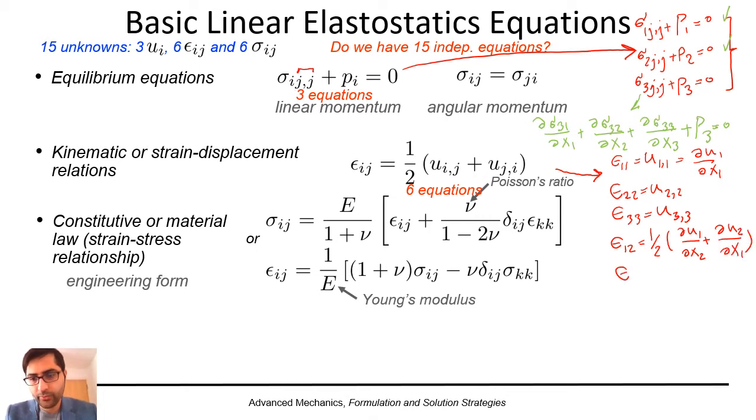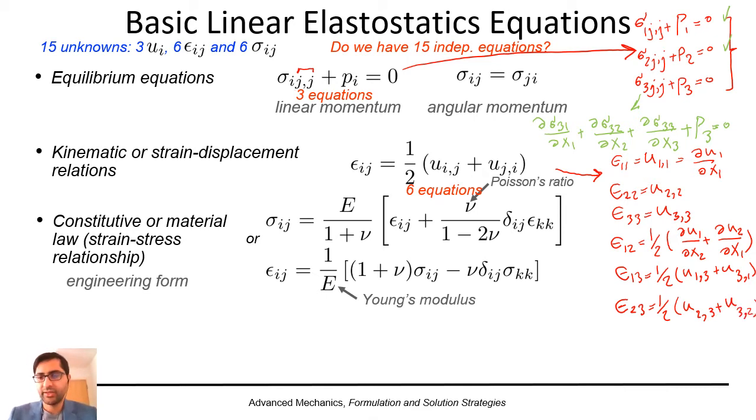For 13 we get half of u_1,3 plus u_3,1. And for epsilon_23, we get half of u_2,3 plus u_3,2.